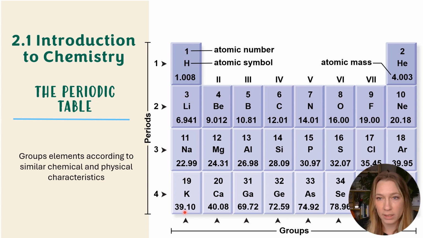But all elements in group 1, for example, such as sodium and potassium, are highly reactive because they have 1 valence electron in their outer shell. And we're going to go forward discussing electrons and see more what this means. But the big takeaway from the periodic table is that this is not organized randomly. Things are ordered and organized based on chemical properties and reactivity.